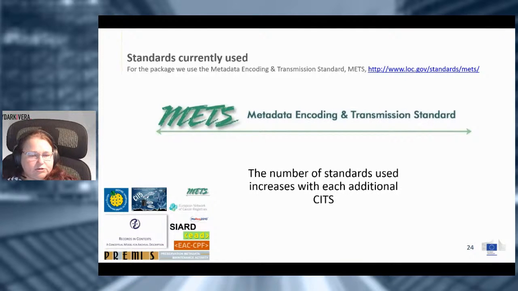And for each content information type specification that we add, more standards will come. That is natural, because you can't use just one standard to describe all the information we have. So it's always about looking at which standard you should use for this type of information. That's what you need to think about. So we don't use a standard for what it's not describing.